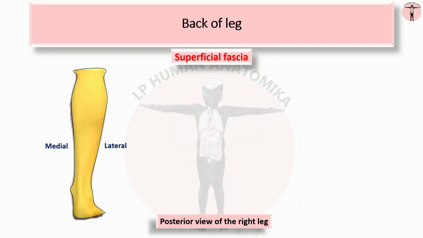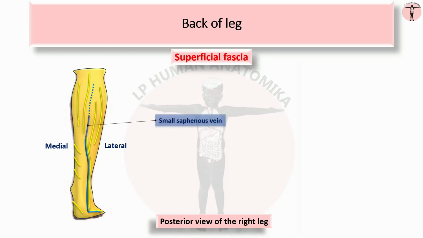The superficial fascia deep to the skin has following structures. All the cutaneous nerves supplying the overlying skin which have been discussed just now and the small saphenous vein and the lymphatics. The small saphenous vein arises from the lateral part of the dorsal venous arch of the foot.